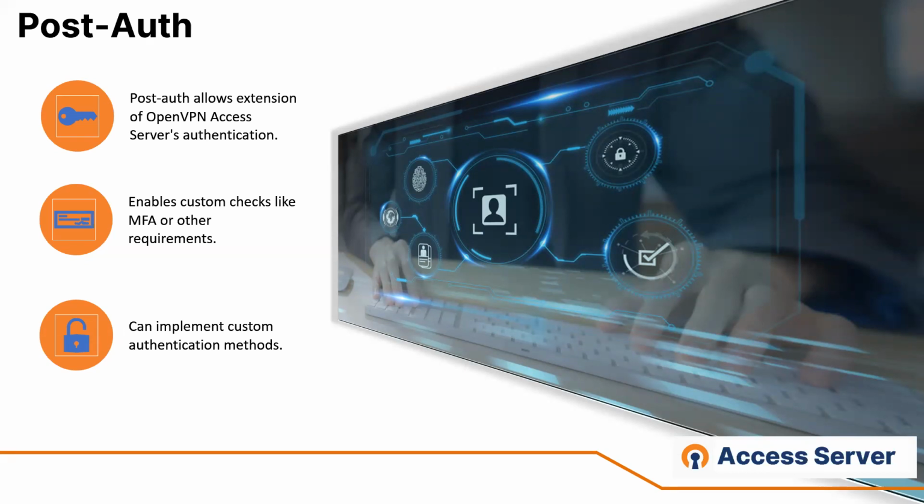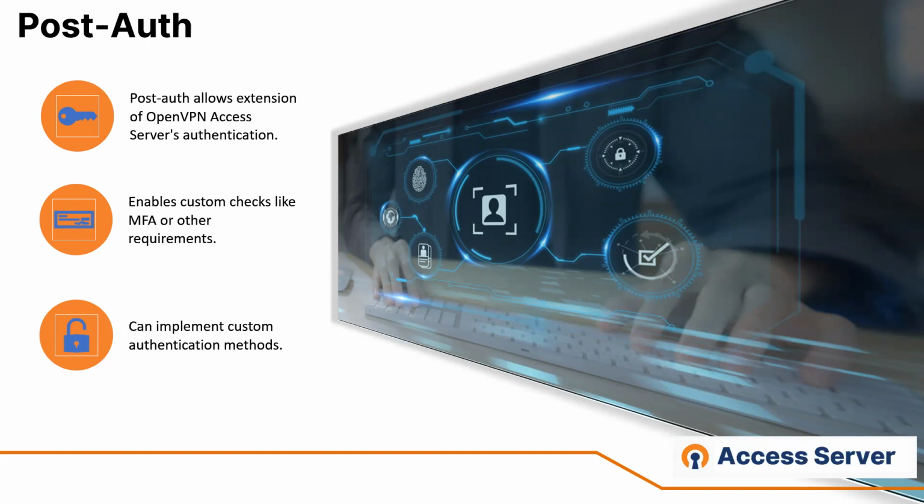Now, as Johan just mentioned, post-auth is a powerful feature that allows us to basically extend the default authentication capability of Access Server. Now, imagine being able to add an extra layer of security checks or requirements after the primary user authentication, such as multi-factor authentication or hardware verification and so on.